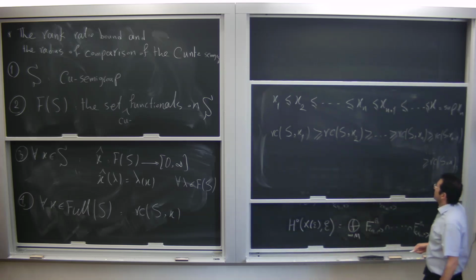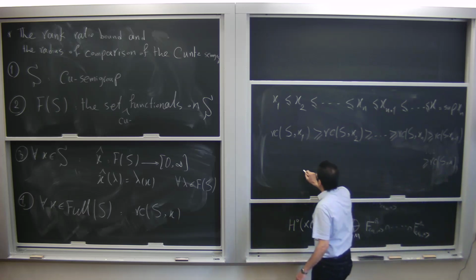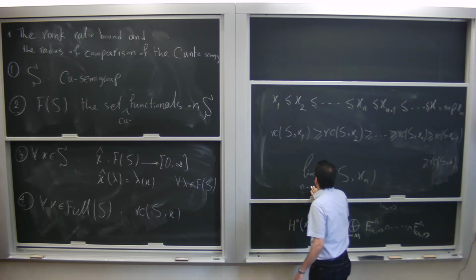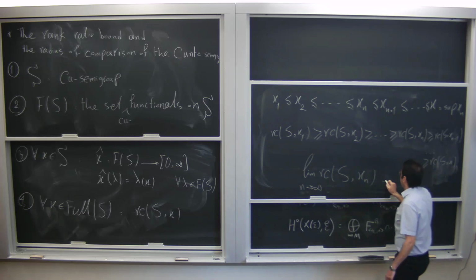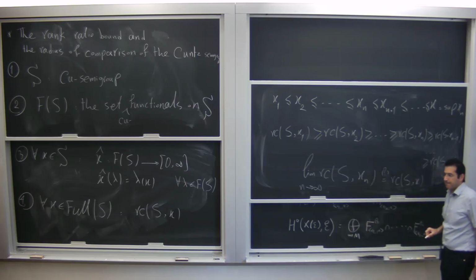Now one may ask: this is an increasing sequence, so can I compute the limit of RC of S and x_n as n goes to infinity? Can we say that at least in some cases, under some condition, this is going to be RC of S and x?